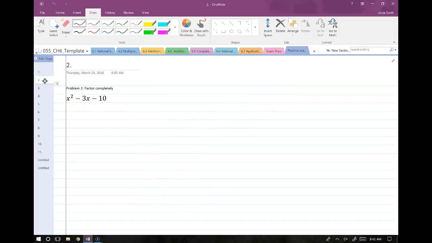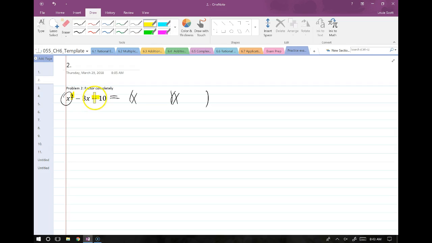All right, next one. So here is a basic factoring problem. When we have a factoring problem that is second degree, we know that we need to split it up into 2 binomials. There's no single factor that we can take out of each and every term, so we just go right about factoring this guy. I know that it's going to break up into 2 binomials with x as the first term because of this first term right here.